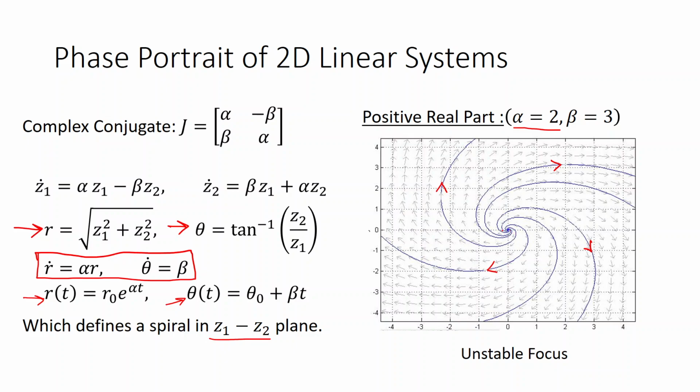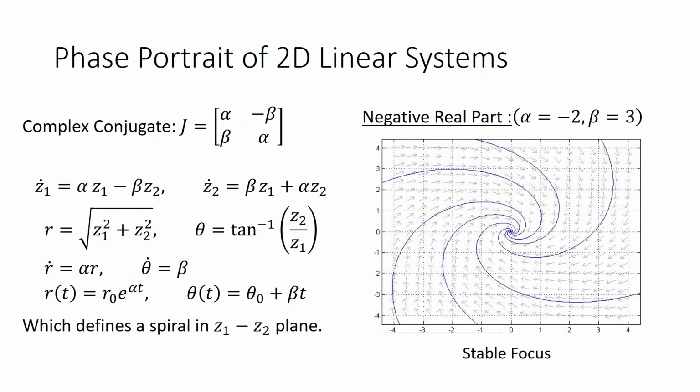So here it is not called a node anymore, it is called a focus. It is almost like a hurricane or a wind pattern sort of thing, so that is why I think it is called a focus. And if you have negative real part, then you observe that the curvatures have changed their direction, and of course now you will have arrows pointing inwards.